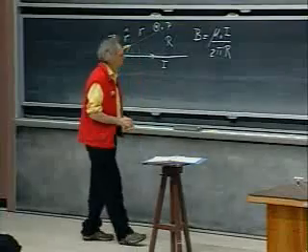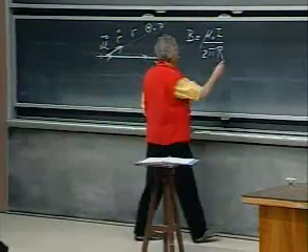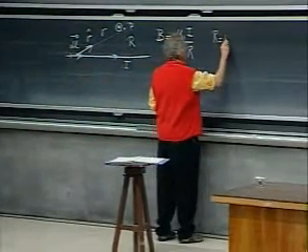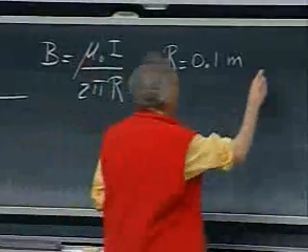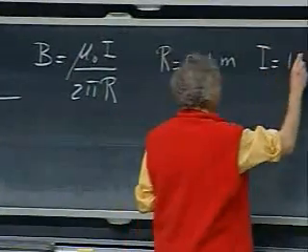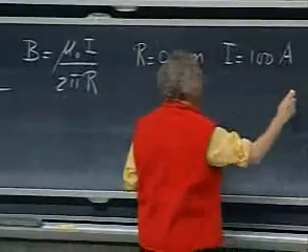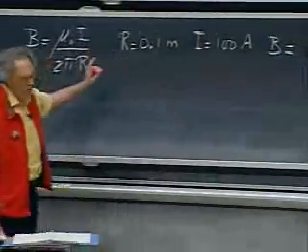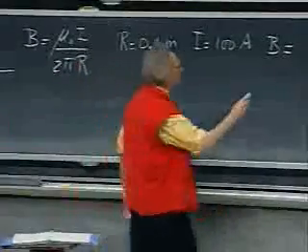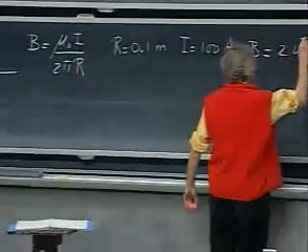And so if you, for instance, take a radius of 0.1 meters, 10 centimeters, and you have a current through the wire of about 100 amperes, then you would end up with a B field, if you use this equation, of 2 times 10 to the minus 4 Tesla.